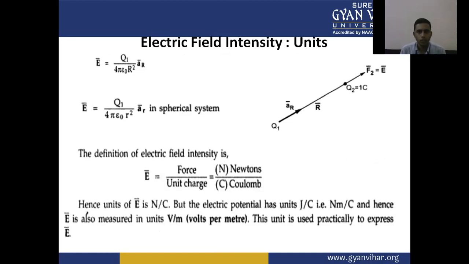So force F2 upon Q2 is equal to F2, because Q2 is 1 coulomb, so it is equivalent to E, the electric field intensity, and E is defined as Q1 upon 4 pi epsilon naught R square in the direction of AR in the spherical system.